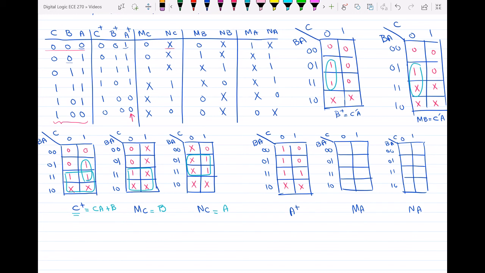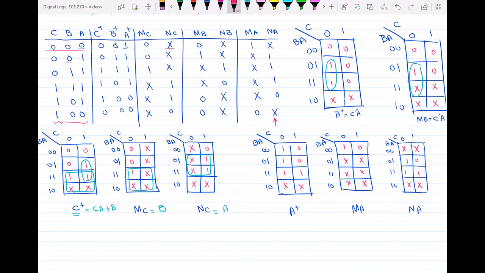Then for MA, I have to look at this column over here and fill the Karnaugh map with respect to that. So I have 1, x, x, x, 0, x, x, and x. And for NA, we have to look at this column over here. So we're going to have x, x, 1, 0, 1, 1, x, and x.